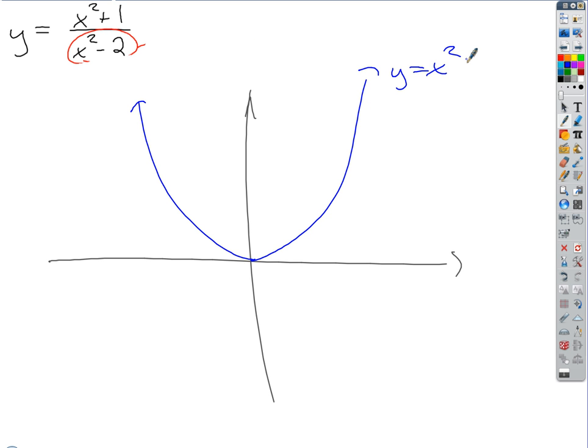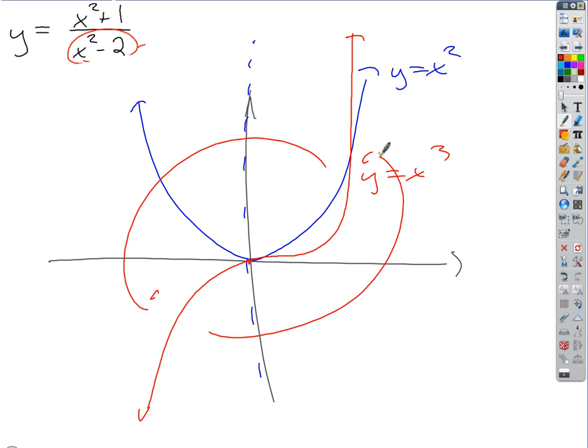Now think of a function that has rotational symmetry about the origin. What I mean is if I put a tack in it and spin it 180 degrees and stop it, will it line up with itself? x cubed. There you go. I knew you were going to say those, and they work out perfect. So y equals x cubed has rotational symmetry.